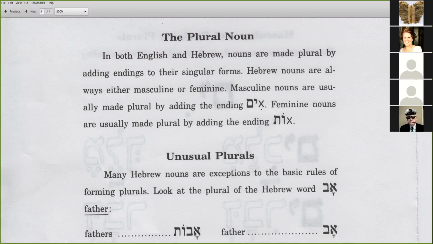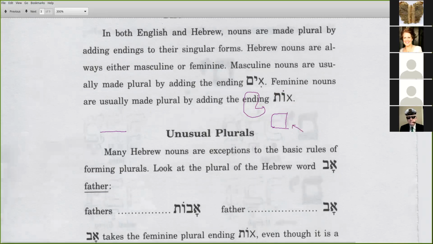So that's hirik, yod, mem sofit. That combination. Feminine nouns, now notice this word usually, they're going to show you some exceptions down the road, feminines are usually made plural by adding the ending ot, which is holem, tav. Notice this little X here can be any letter at all. That's the point of that.